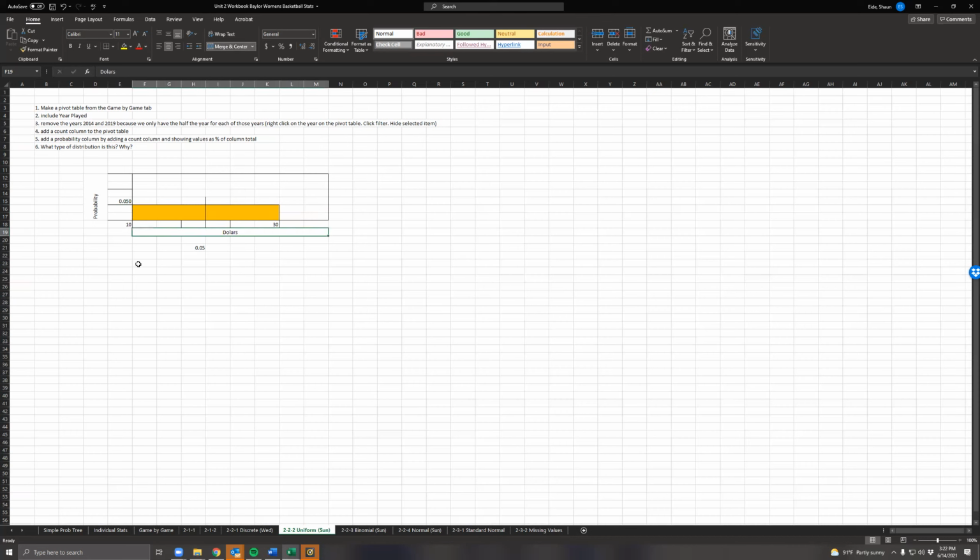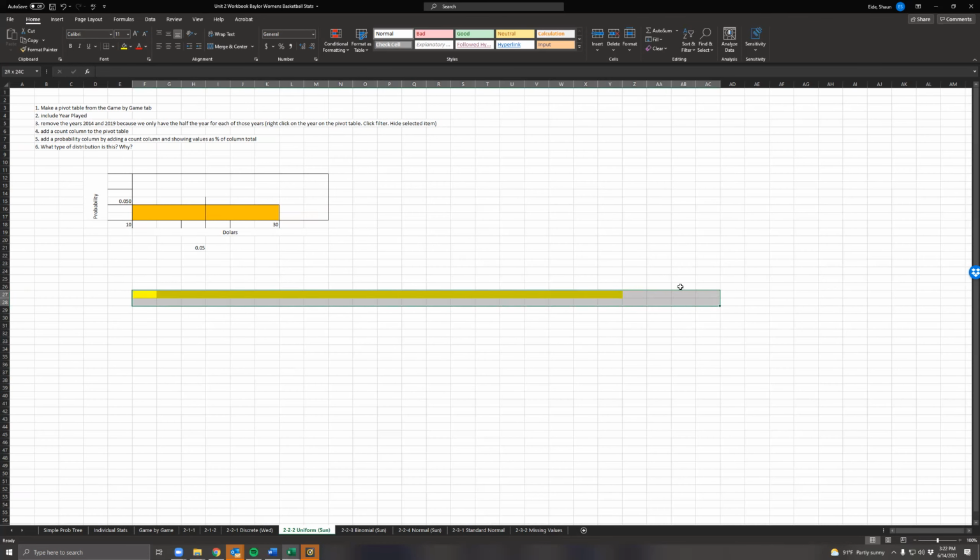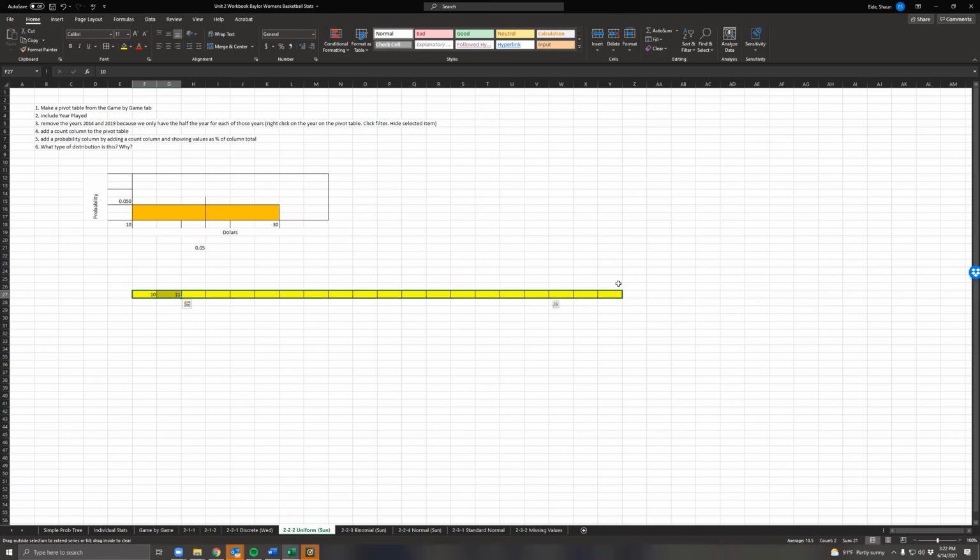So imagine this being split up into 20 chunks. This is 20 chunks right here. Let's do 10, 11, and it's 29 up to 30.